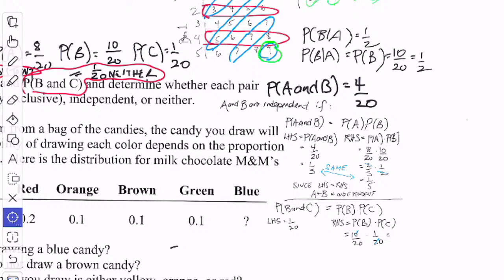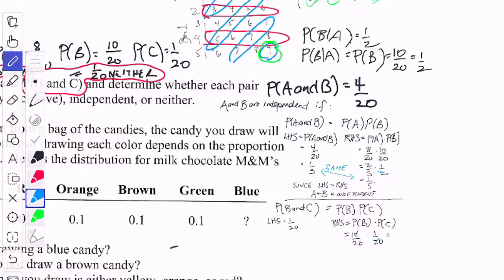So C was 1 out of 20, B was 10 out of 20. On the right-hand side, B times C, this times this, left-hand side, B and C. Yeah. Okay. So yeah, it's just not the same. The point is it's just not the same.